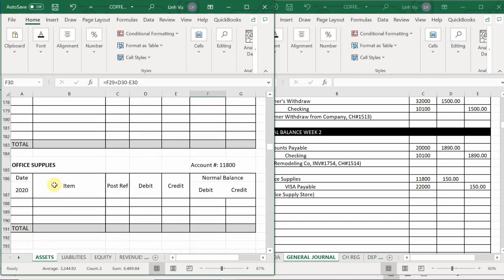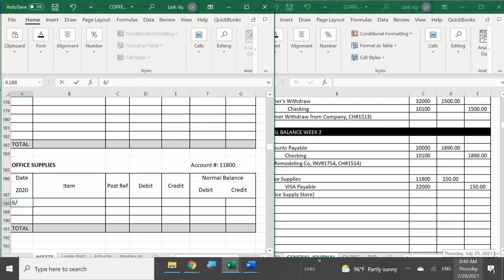It should be right under business supplies. Here it is, office supplies. I enter office supply store Visa, and then 150 in debit.